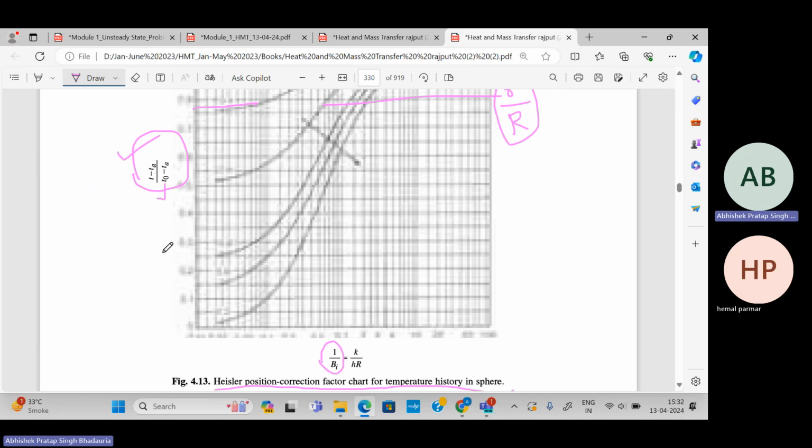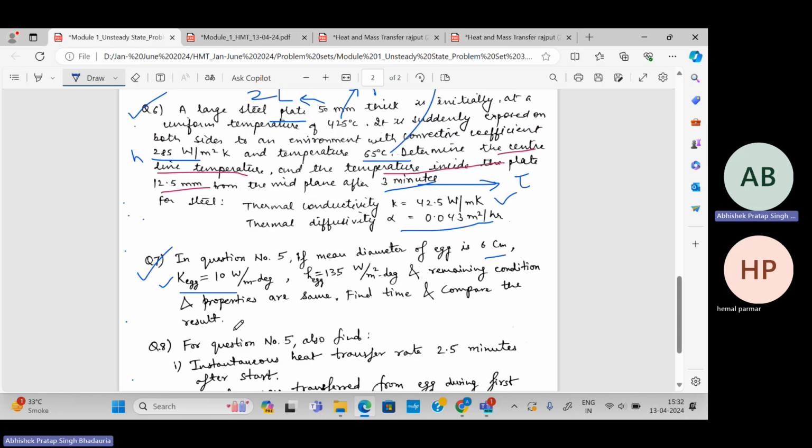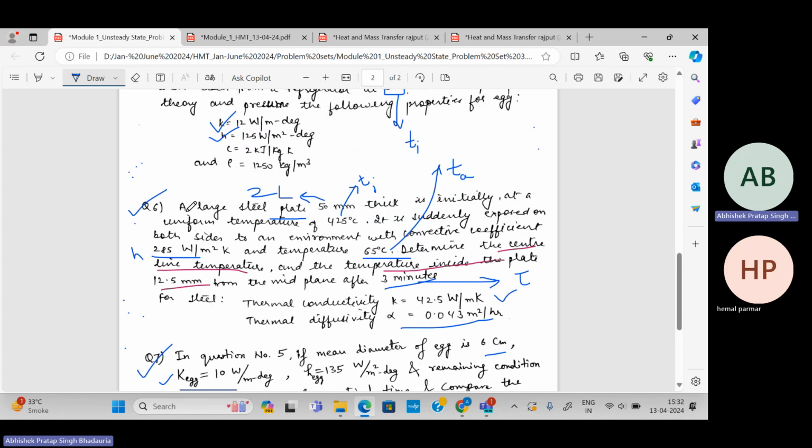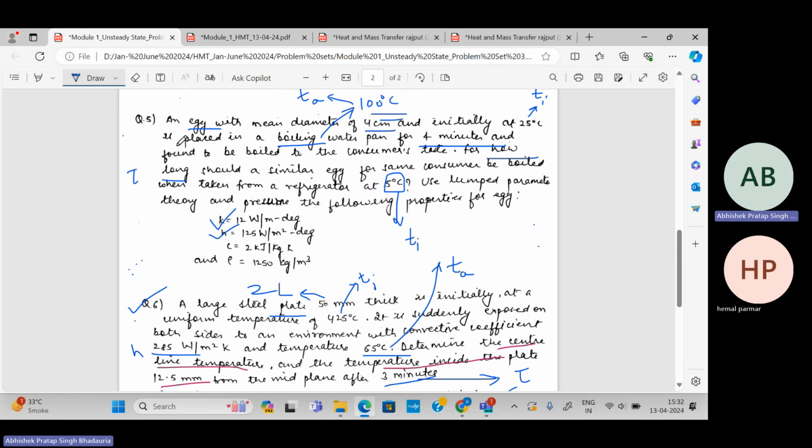In the problem number 7, since the Biot number is greater than 0.1, the Heisler chart is applicable. With the help of the Heisler chart, we will find the answers, and then we will compare our results with problem number 5, which is the same problem, but in problem 5 the Biot number was less than 0.1, so the lumped parameter analysis was applicable.